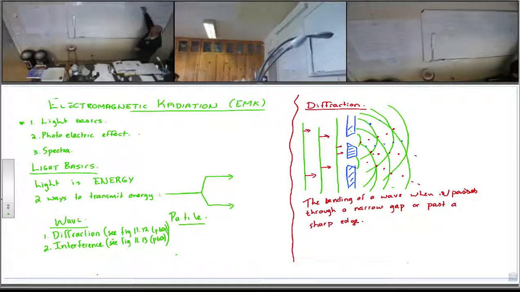What do you notice happening? Now what happens when a crest overlaps with a trough? No, you get nothing. And what happens when you've got no light? What color does that look like? Black. So these lines here are black.